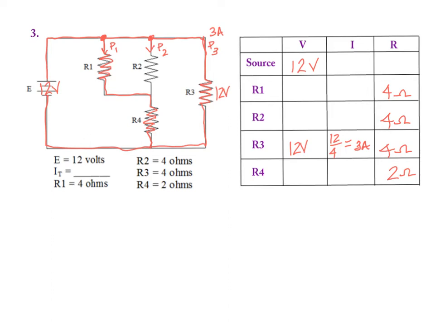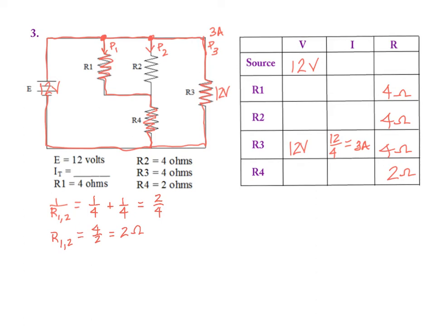So I'm going to say that 1 over R12 is going to be equal to a fourth plus a fourth. And the nice thing about that is I already have my common denominator. So I've got 2 fourths, but now I have to invert that. So R12 is actually equal to 4 over 2, better known as 2 ohms, okay?